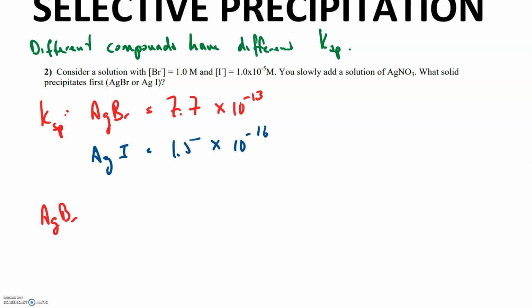So we know that silver bromide has a KSP of 7.7 times 10 to the negative 13th, and the equilibrium expression is going to be silver times bromide.